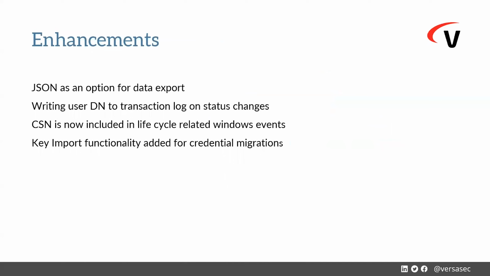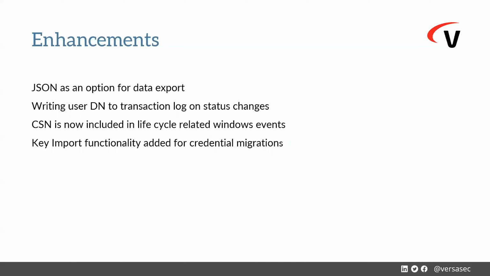Some other noteworthy enhancements. When exporting data as a part of vSEC CMS lifecycle tasks, we have an option to have the format of that file in XML or CSV format. We have added the task format now can be a JSON file as well.